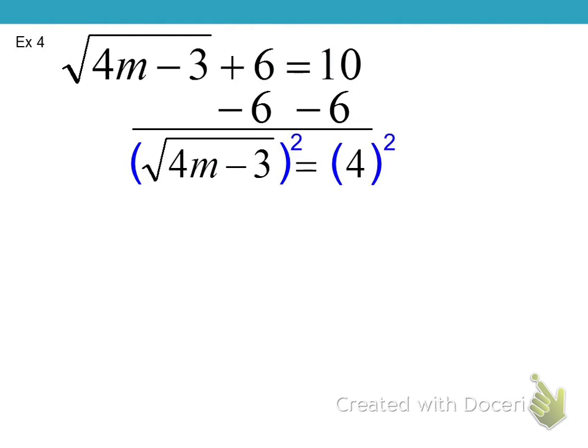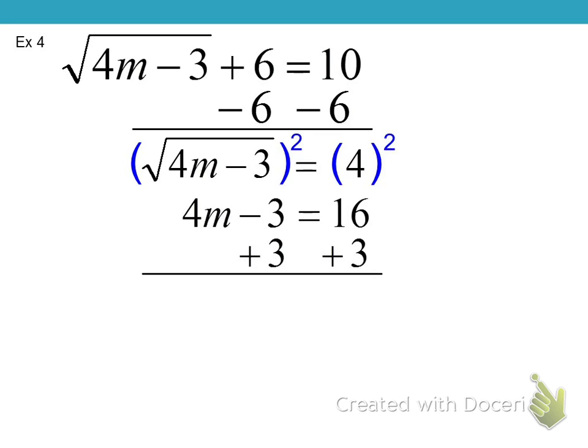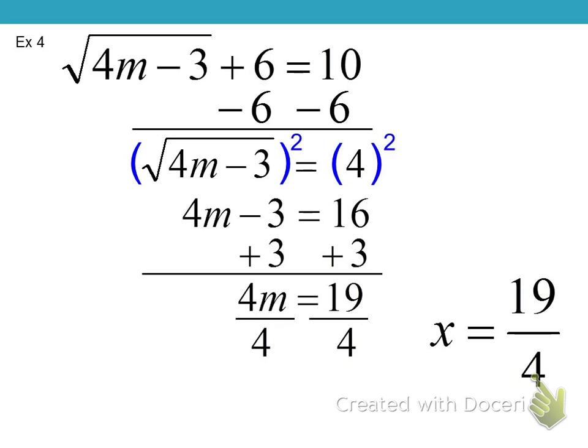Square both sides. Good. So we have 4m minus 3, and that equals 16. Then, yep, you're right. Add 3 to both sides. What is 16 plus 3? 19. Divide by 4. 19 over 4. You can't do anything with that.